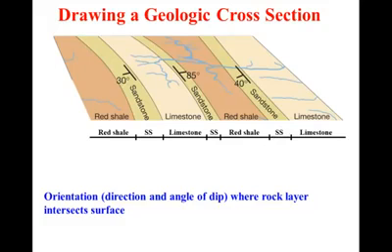We're going to draw in our dips using a protractor. Measure a 30-degree angle and draw a short line representing that dip direction and angle, using again the protractor to draw that dip angle accurately.